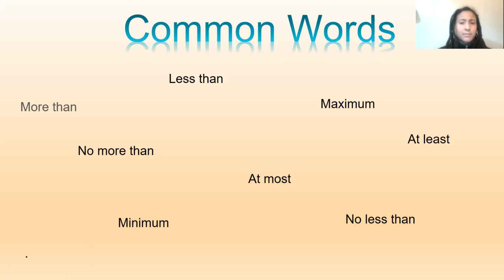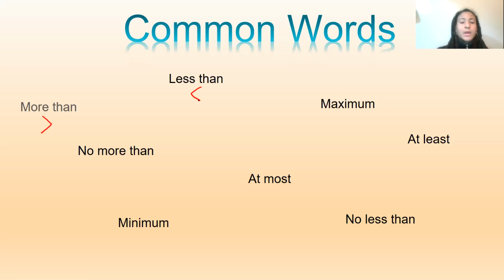So what does that mean? You need greater than $50. So more than represents the greater than symbol. So if more than means greater than, you need less than $50 to go to Six Flags. So that means less than.